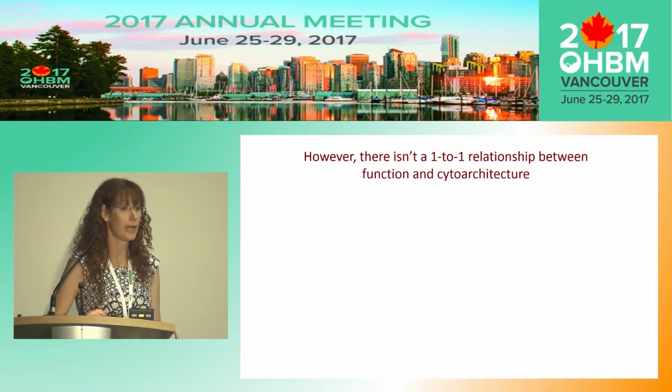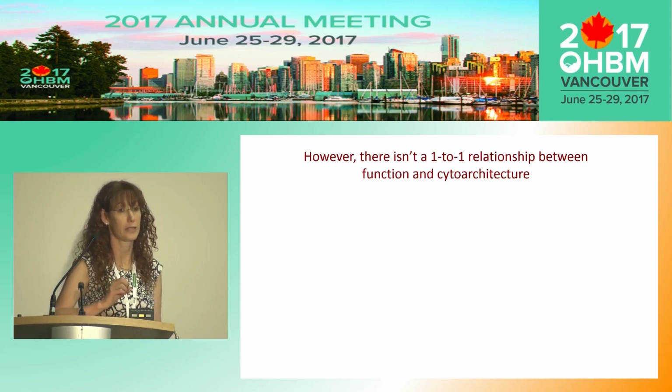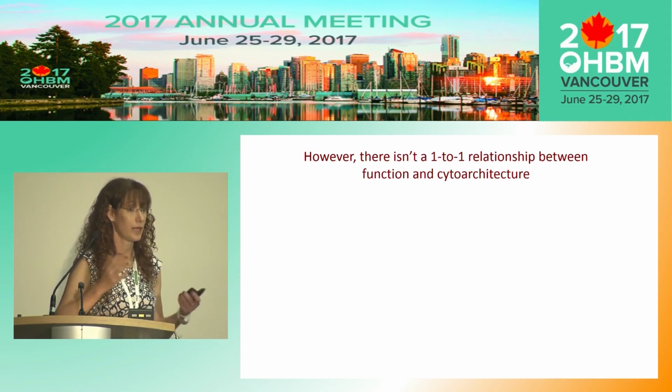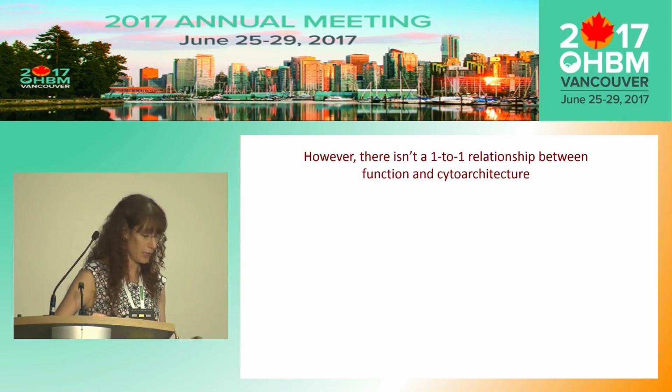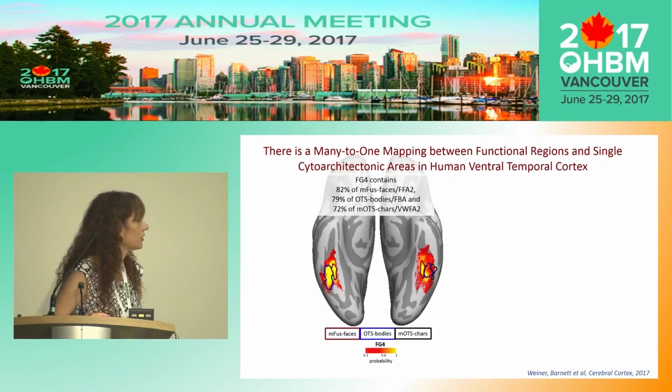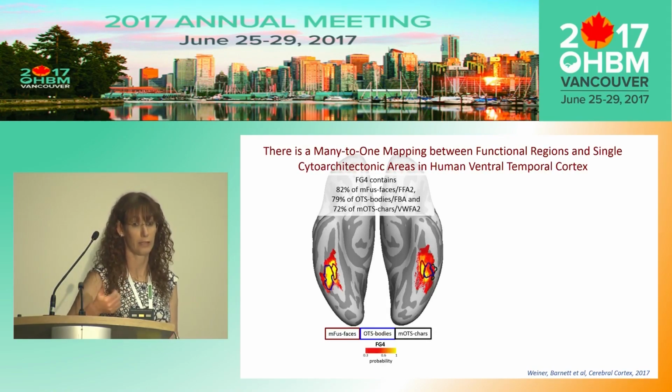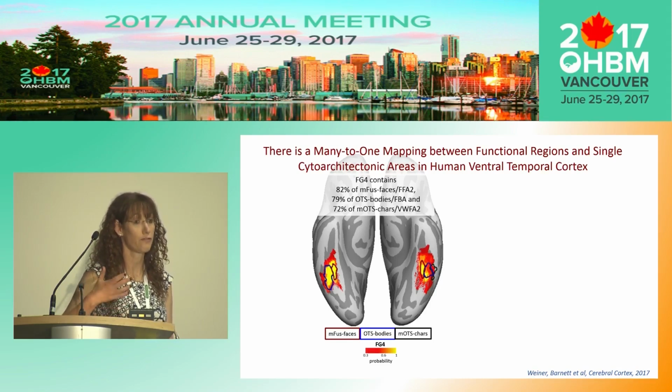The caveat that I would like to say is that I'm not trying to say that there is a one-to-one relationship between function and cytoarchitecture. So face and place selective cortex are cytoarchitectonically distinct. But if you look at additional functional regions within the ventral stream, you'll first find that the cytoarchitectonic areas are bigger than the functional regions, and you could also find within a cytoarchitectonic area more than one functional region.